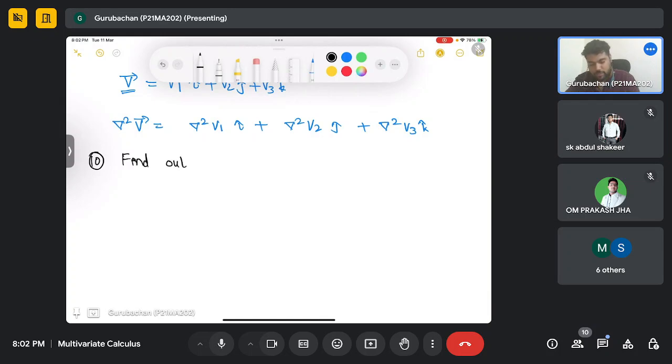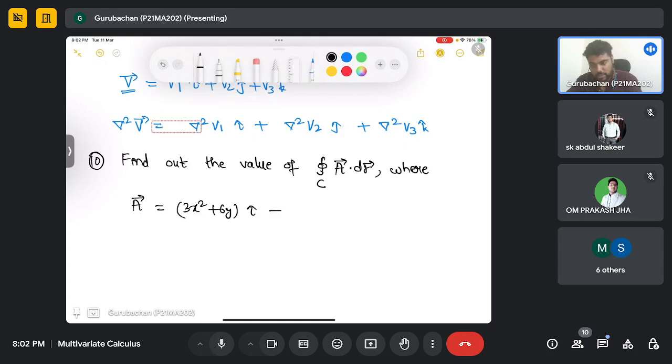Find the value of the integral of A dot dr over C, where A is (3x² + 6y) i cap minus 14yz j cap plus 20xz² k cap.